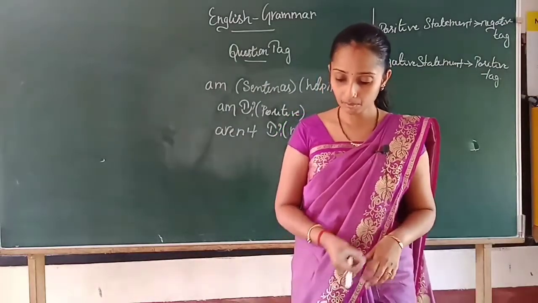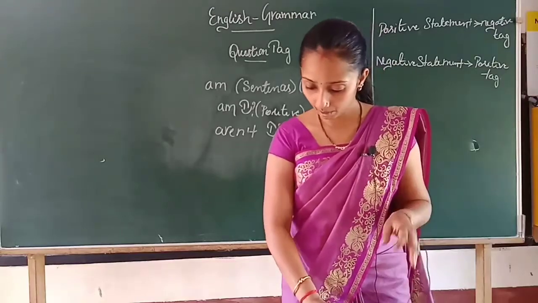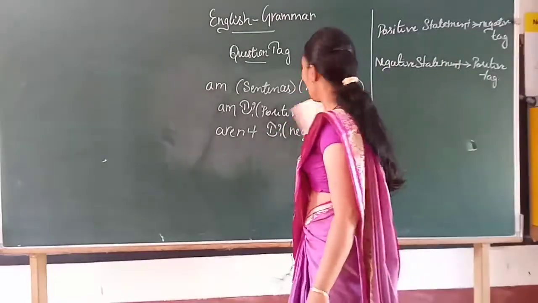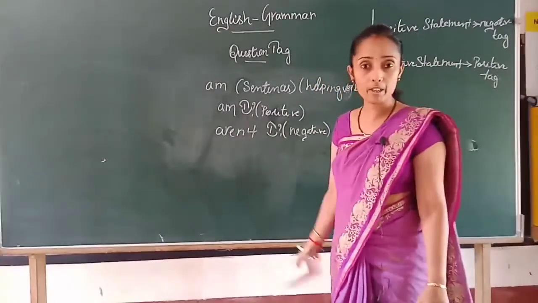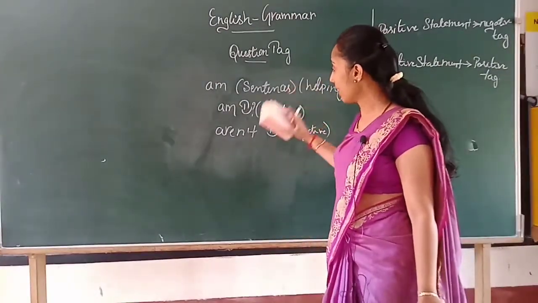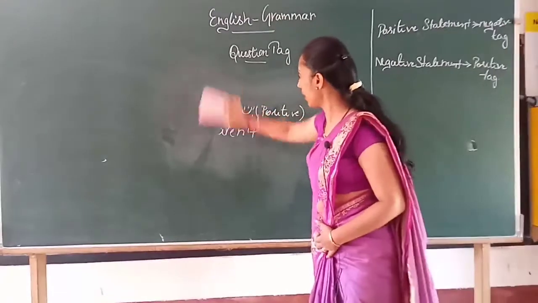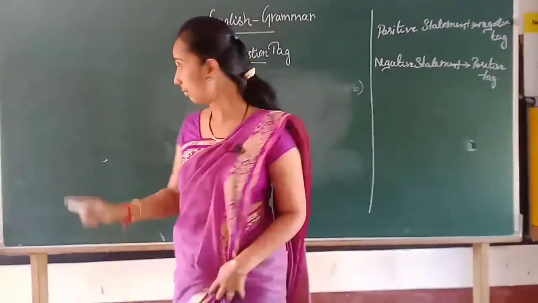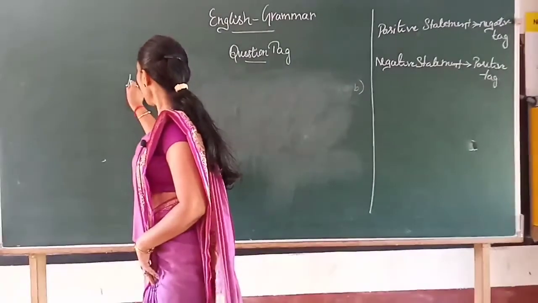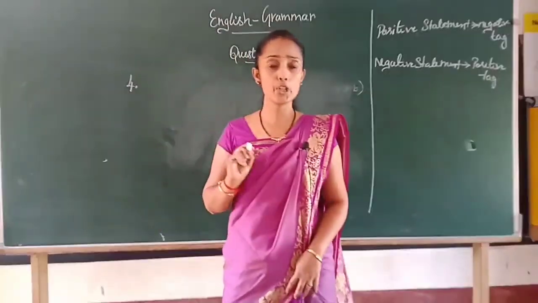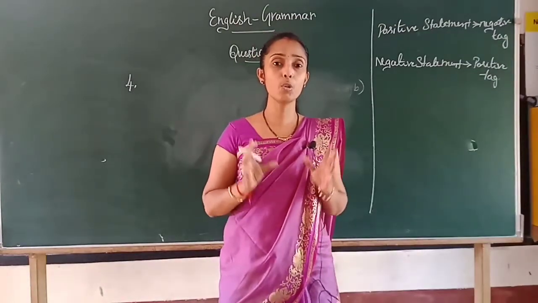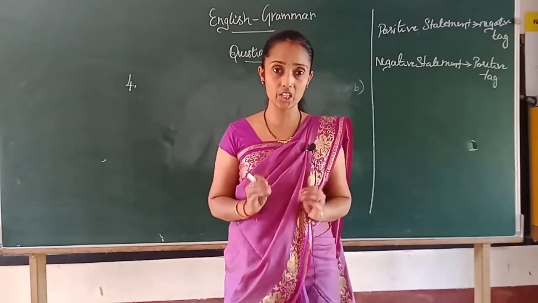Okay? See the example. For this, take down example one. Have you taken this one, children? I hope you have written this one. After writing this, below it take down one example. That one is the fourth example. See, this is very easy, children. I am telling you question tag is very easy. What you have to do is practice the changes.